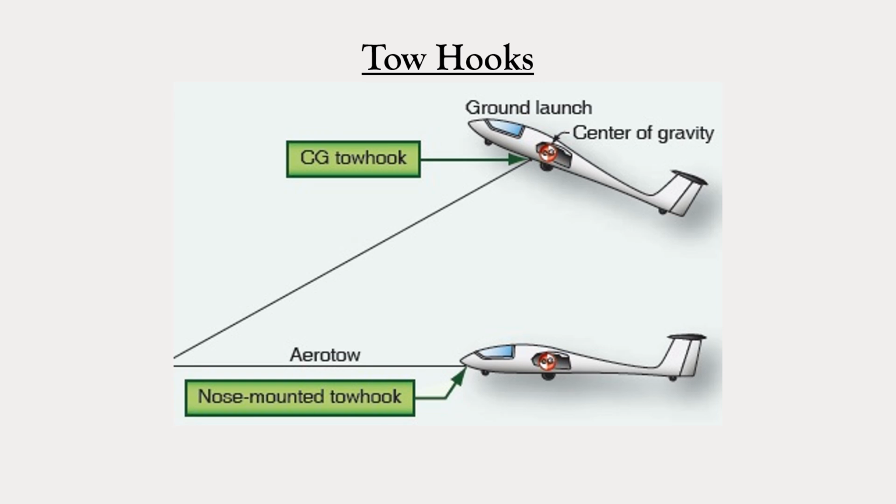The CG hook can be used for aero tow, although it's not as good. There's more opportunity for things to go badly and for a pilot to lose directional control of the glider during tow if you're using a CG tow hook. But it's allowed. You never use a nose hook for a winch launch.